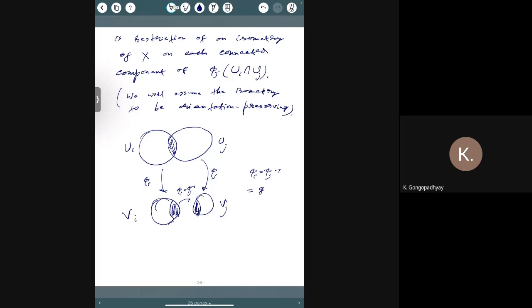It may happen that on different connected components the isometry is different, so it may not be a single isometry that works for all the connected components. That's why I mentioned connected component.